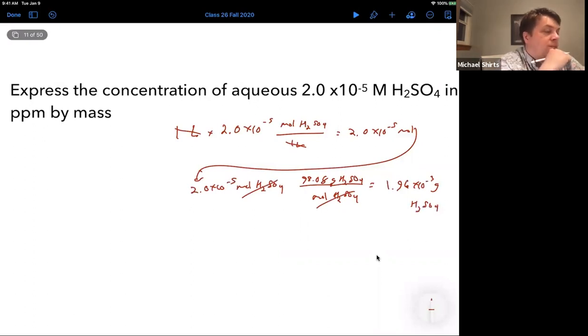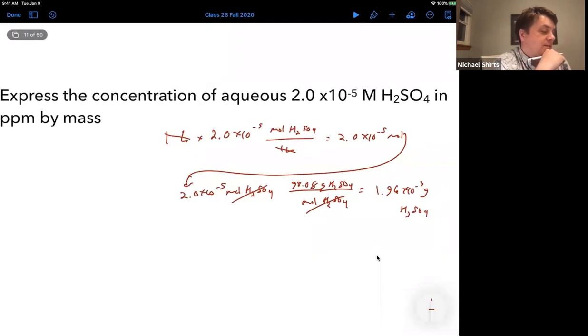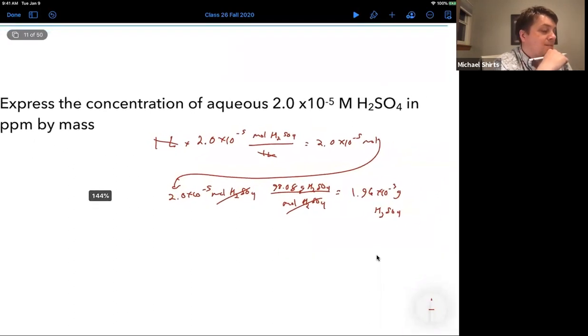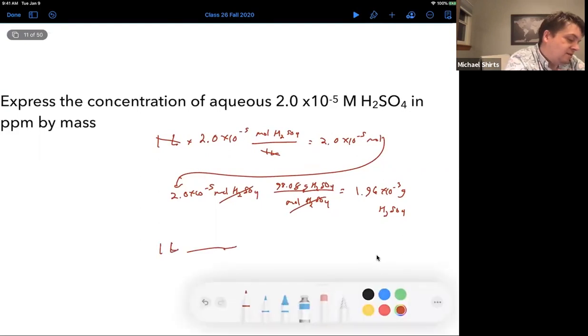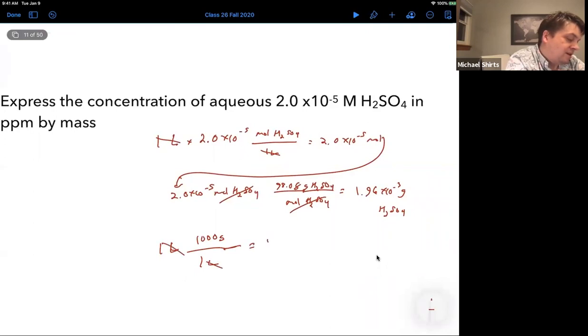So we want it in parts per million, so we have to say what's the mass of the solution here. We can approximate the mass of the solution as the mass of just the water. We got 1 liter, and 1 liter times 1,000 grams per 1 liter, so we have approximately 1,000 grams of solution.